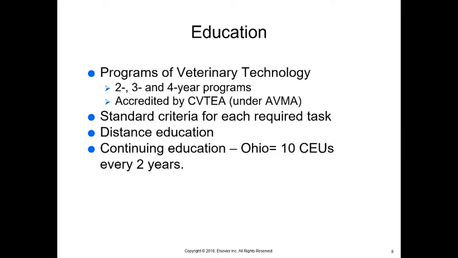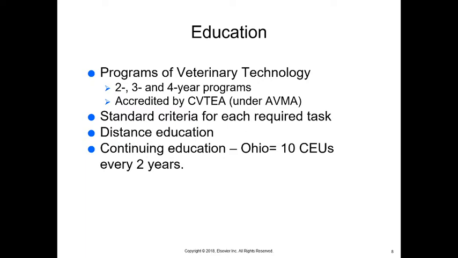Education for a veterinary technician. There are 2-, 3-, and 4-year programs. They must be accredited by the CVTEA, which is the Committee on Veterinary Technician Education and Activities. And this is a group that sits under the American Veterinary Medical Association. Our program is fully accredited by the CVTEA.